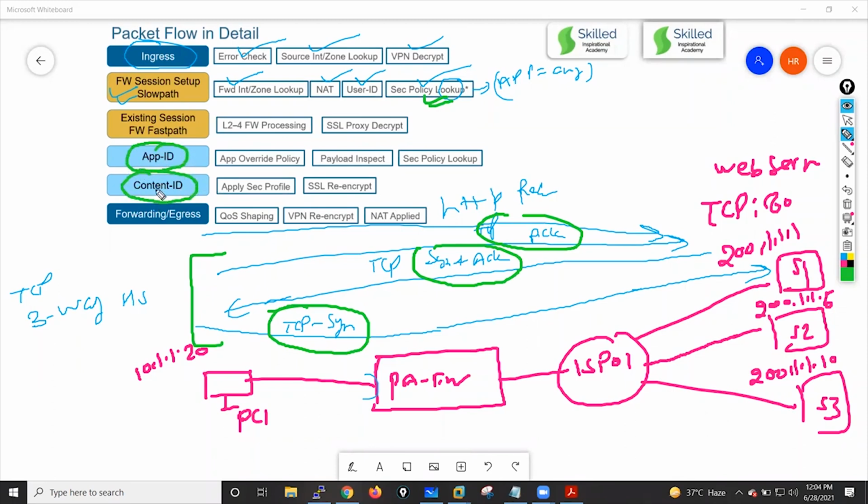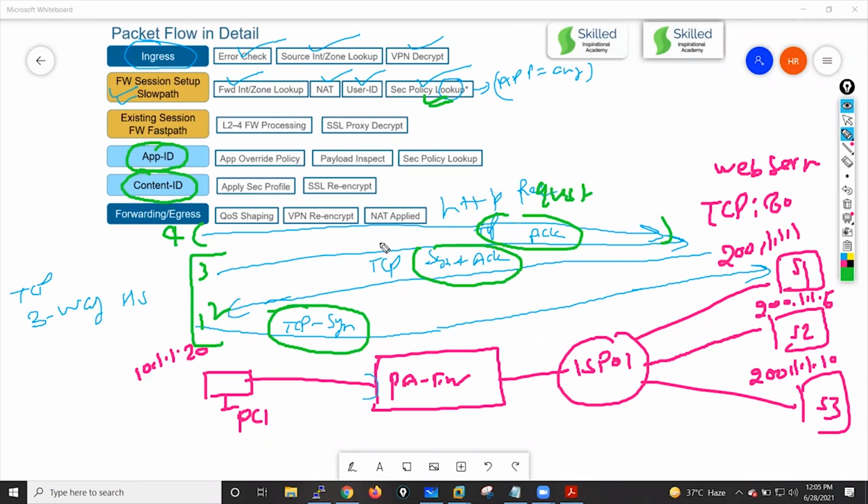Means app identification and content identification is totally bypassed for TCP SYN, TCP SYN plus ACK, and then ACK packet, because my firewall knows these are packets related to the TCP three-way handshake. They don't have any kind of data payload, right? Because data payload will start from message number 4 onward. This is first, this is second, this is third, and this is fourth, where they exchange the HTTP request packet. This request packet contains some kind of data payload, right?